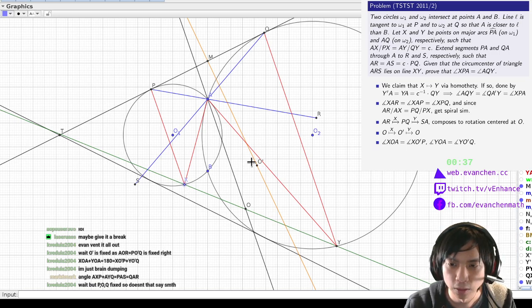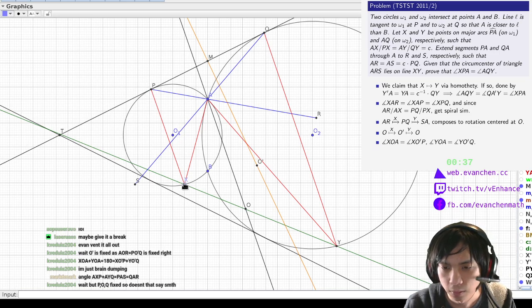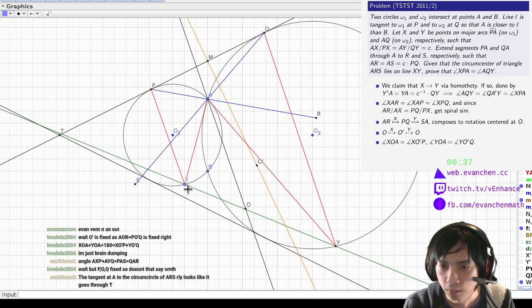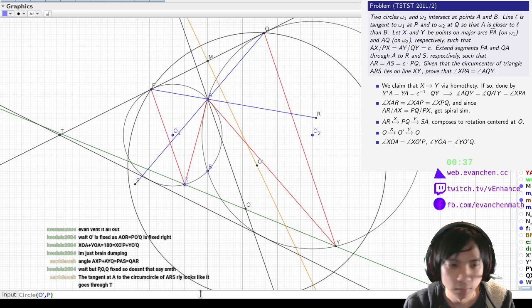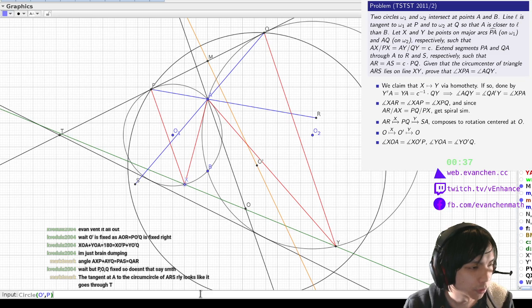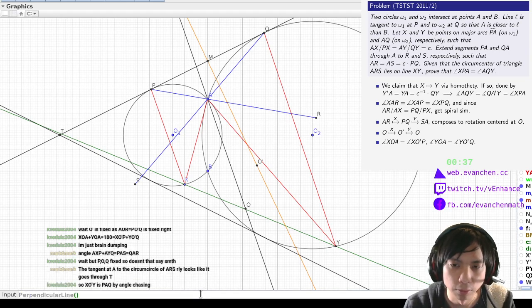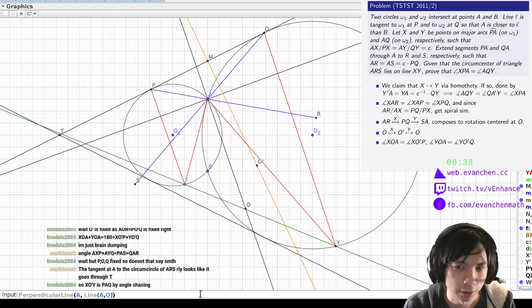Like XO prime P. The tangent at A to the circumcircle of ARS really looks like it goes through T. That's definitely false. The tangent at A is the perpendicular line through A and line AO. Or maybe, no. Yeah, that's the tangent.